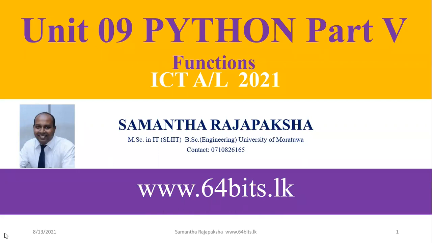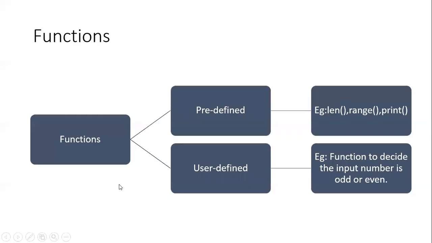When you take functions, remember, we have two types of functions. Some functions are predefined functions. However, we are going to study user-defined functions here. Already we have worked with functions in Python.